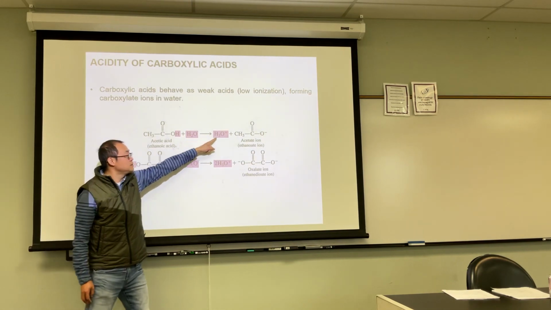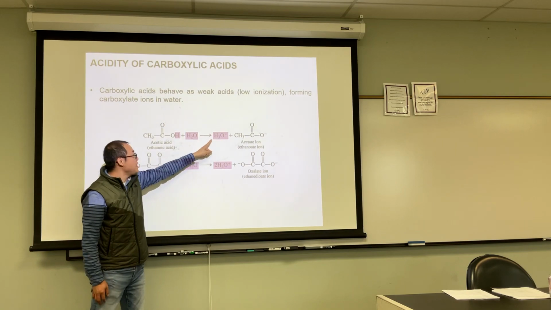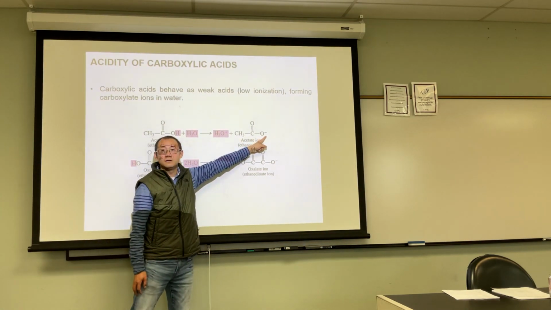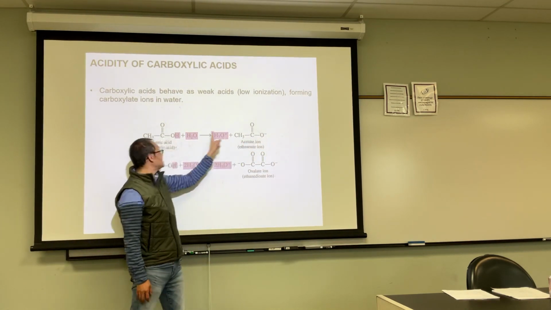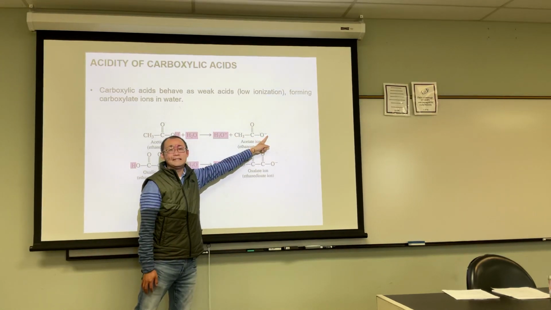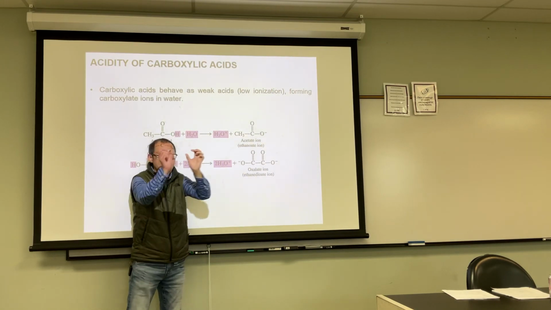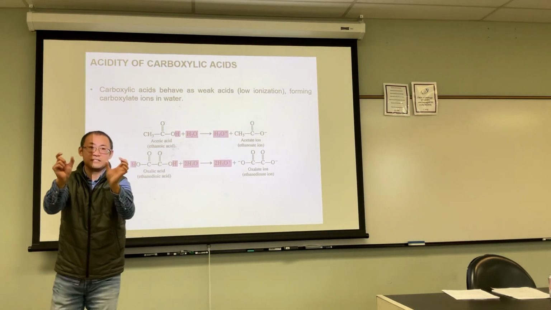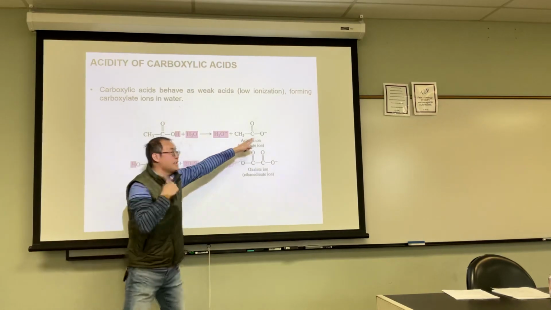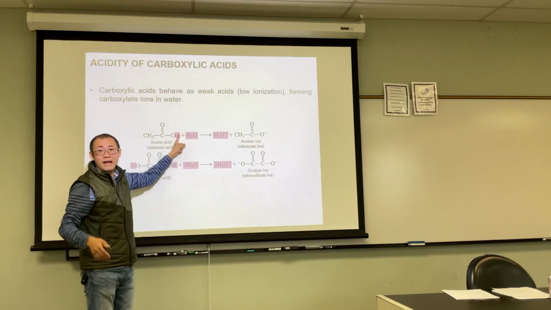Water becomes H3O plus, and then the O becomes O negative. COOH now becomes COO negative. The OH bond breaks unevenly. The oxygen took all the electrons. That's why hydrogen is hydrogen plus. This is what happened.